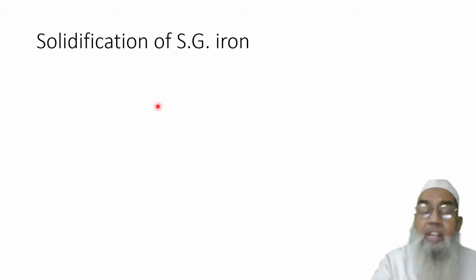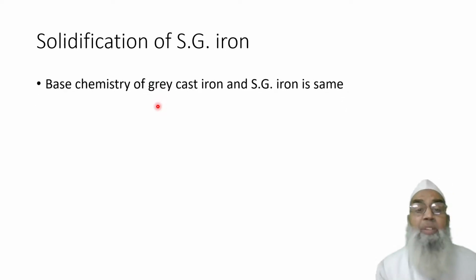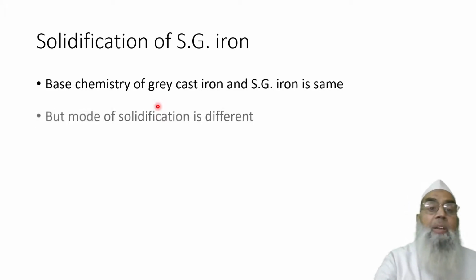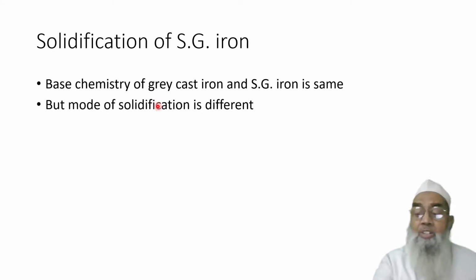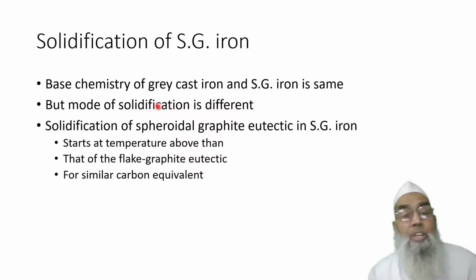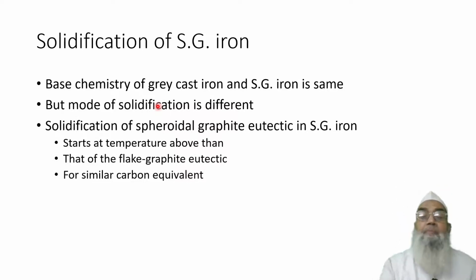But in the solidification of SG iron, the base chemistry of grey cast iron and SG iron is the same, as the matrix is the same, but the mode of solidification is different. In SG iron, solidification of the spheroidal graphite eutectic starts at a temperature above that of the flake graphite eutectic for similar carbon content.